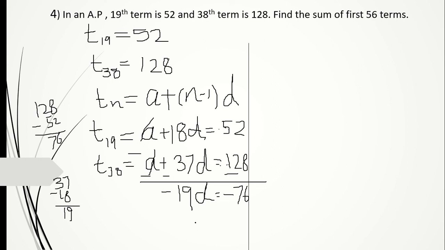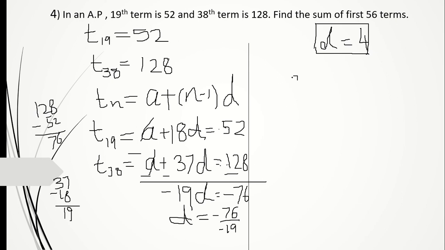Therefore d will be equal to minus 76 upon minus 19. Therefore we get d is equal to 4. 19 4s are 76. Now this value of d you can put in this one or this one, and you can get the value of a.